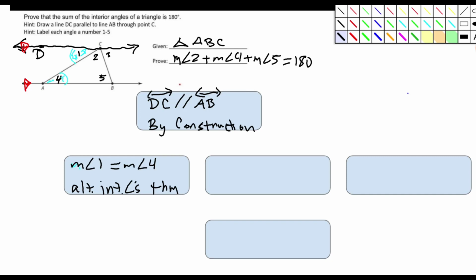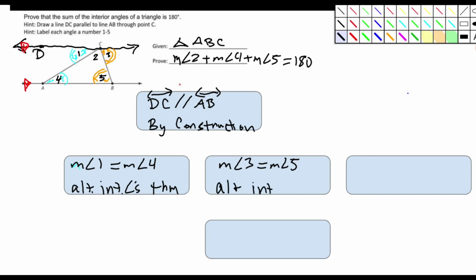And now also from the GeoGebra, you should recognize that these two angles are going to be the same. Those two angles right there, 3 and 5, we saw that from the GeoGebra. That was a nice little hint. So the measure of angle 3 is equal to the measure of angle 5.